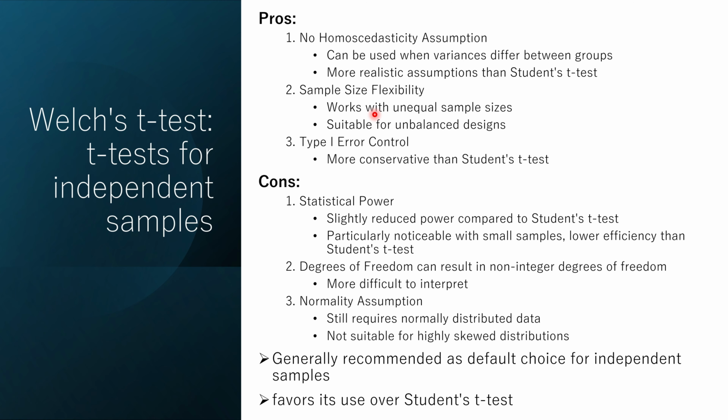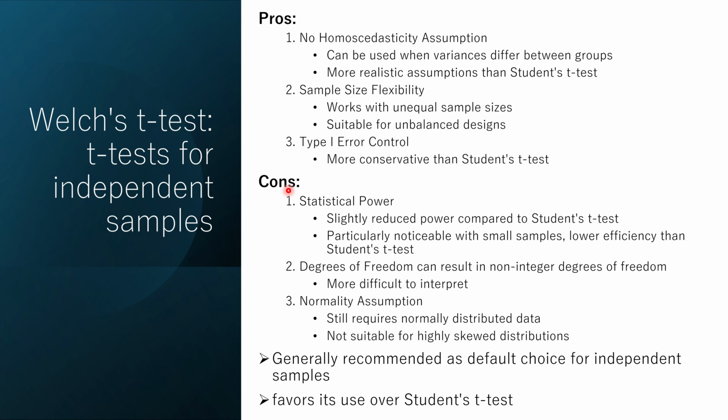It works fine even if you have unequal sample sizes, like 20 people in one group and 100 people in another. In such a case, you can apply the Welch's t-test. Also, third, type 1 error control. It tends to be a bit more conservative than the Student t-test, which helps avoid false positives.